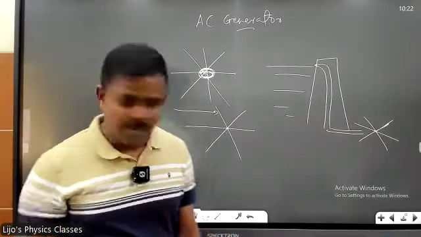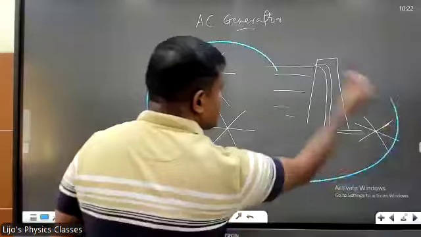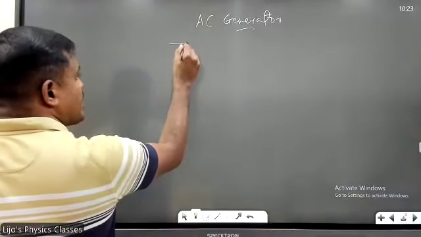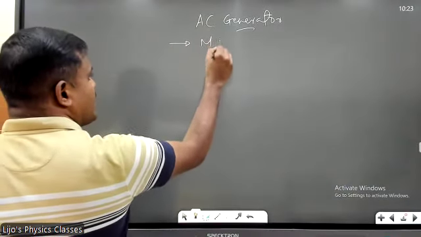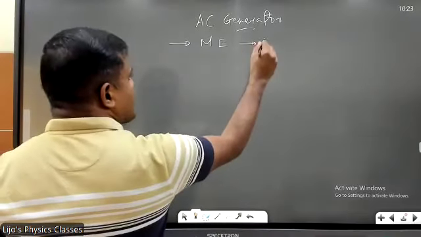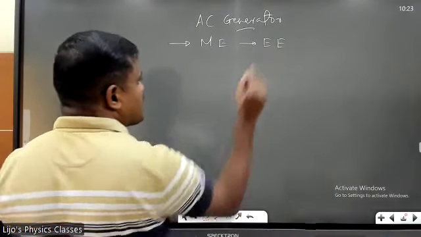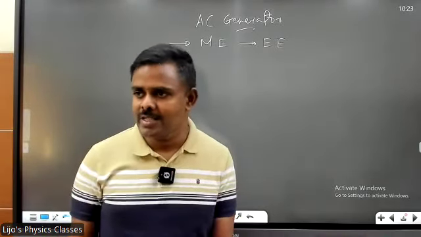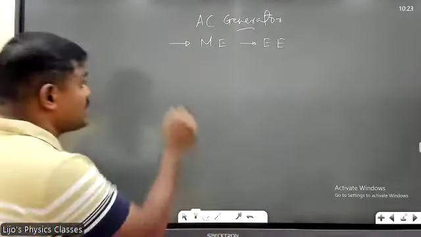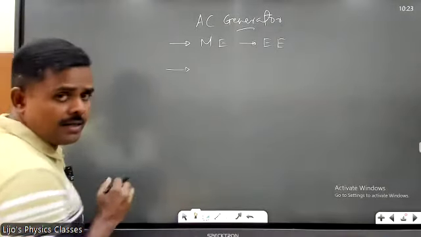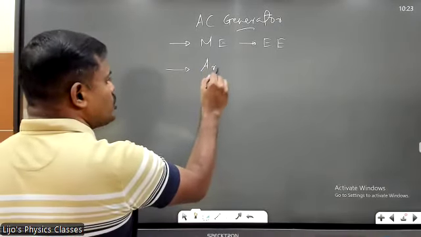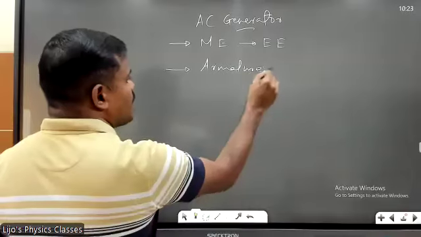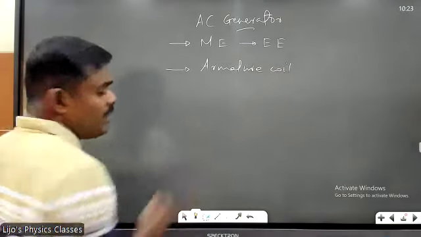So basically, an AC generator converts mechanical energy into electrical energy. That's a previous question. The components of an AC generator are, number one, a huge coil called the armature coil.